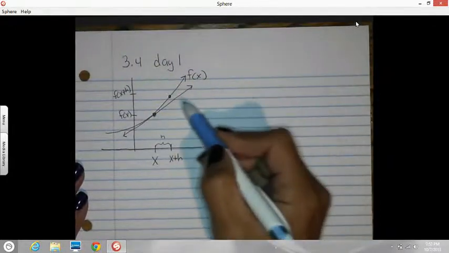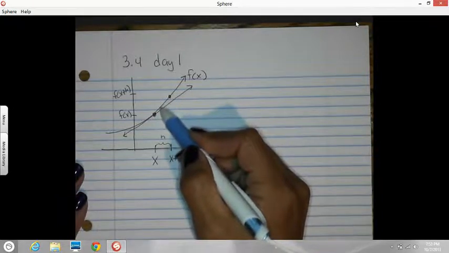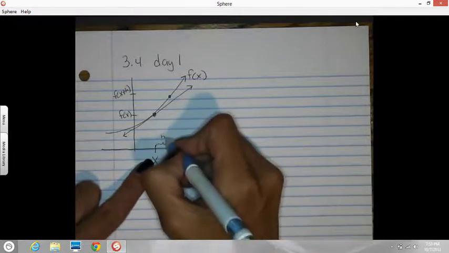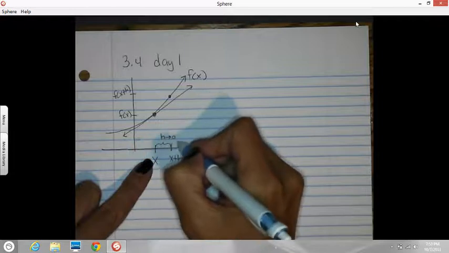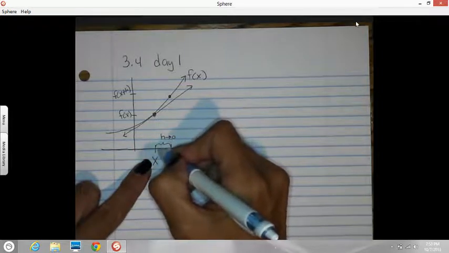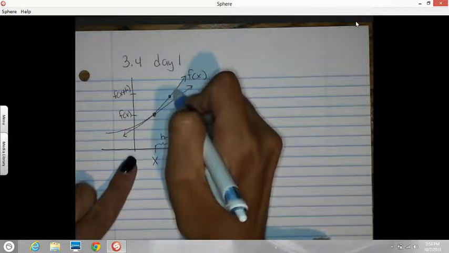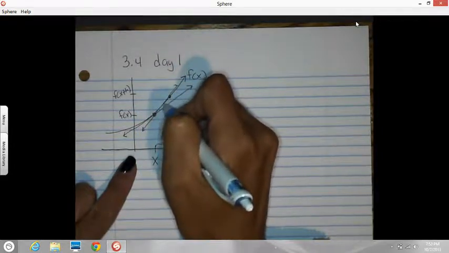And if I could slide this one in closer to the original x value, in other words, make h approach 0, get this distance to approach 0 so that it's getting very, very close to x, whatever those slopes appear to be approaching as I slide in will be the derivative.